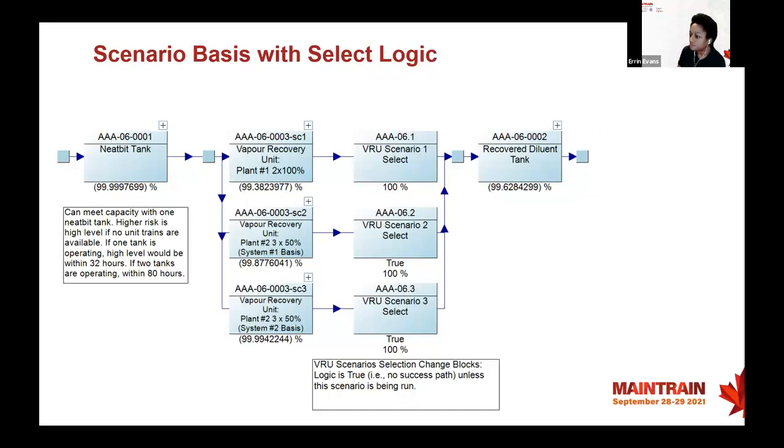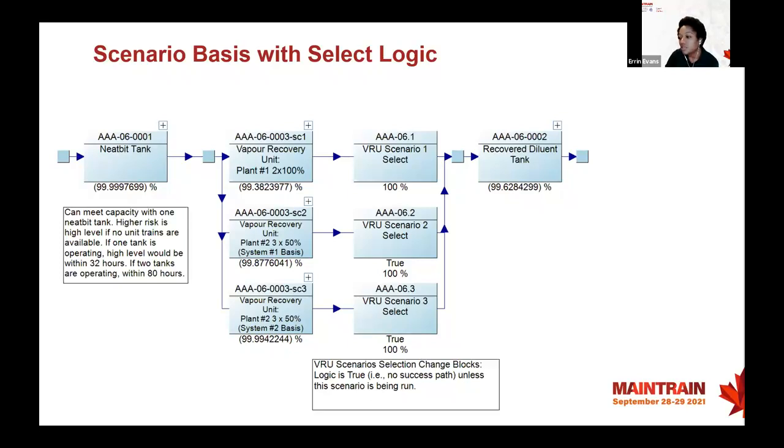So that I could see how each one of them performed and keep them within the same model, I used select logic blocks. These blocks are not actually subsystems, but I used them with either true or false logic to limit whether or not one system was considered as part of the success path.